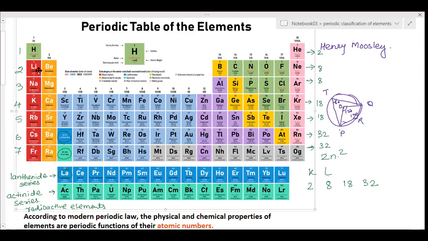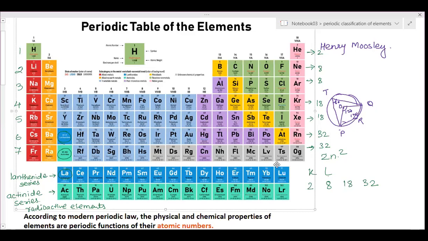First group and second group elements are called representative elements, representative metals. This shade of blue, those are transition elements. These are post transition elements.